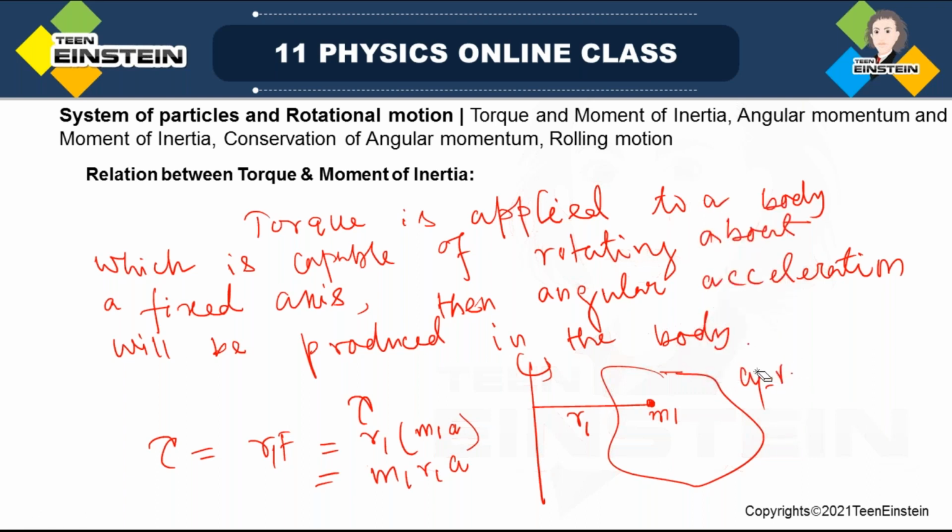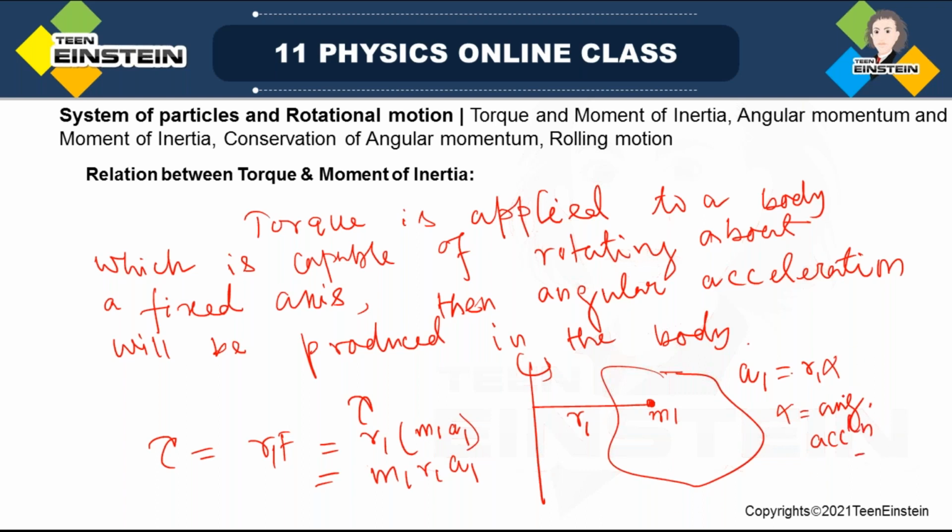So let me keep the acceleration of the particle as a1 only. So look, linear acceleration we know is equal to r into alpha. r is the distance of that particular particle from the axis of rotation, that is r1, into alpha. Alpha is what? Alpha is the angular acceleration. This we have already learnt.